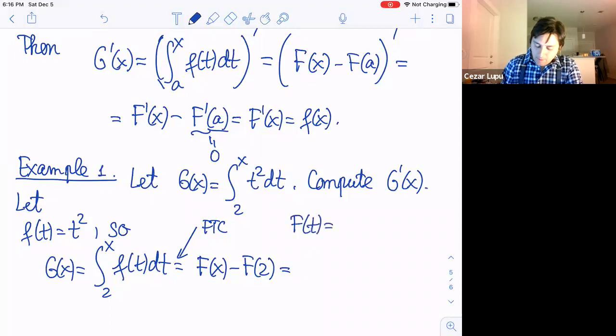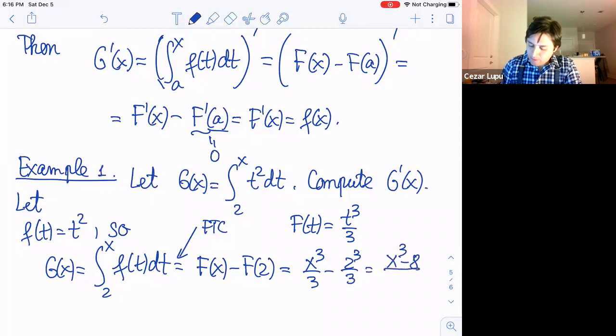F of t will be t cubed over 3. So this would be x cubed over 3 minus 2 cubed over 3. So this would be x cubed minus 8 over 3. Okay, so this is who g of x is.